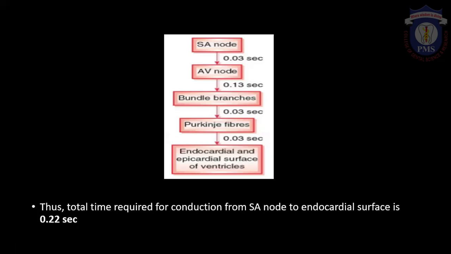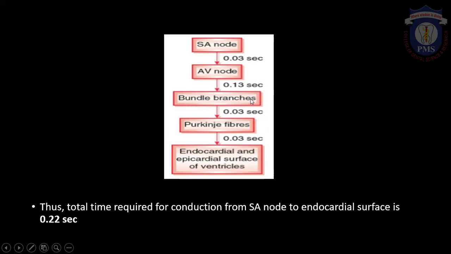So the total time required for conduction from the SA node to the endocardial surface is around 0.22 seconds. That is, the impulse generated from the SA node will take around 0.22 seconds to rapidly propagate throughout the cardiac musculature. From the SA node to the AV node, it takes around 0.03 seconds. For the impulse to reach the bundle of His from the AV node, it will take around 0.13 second.